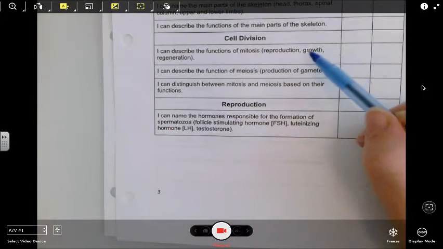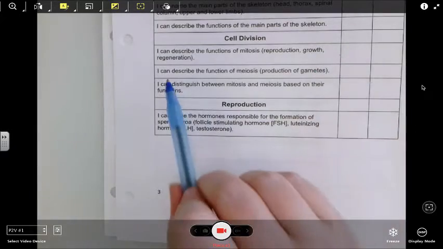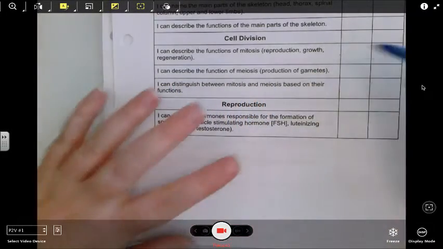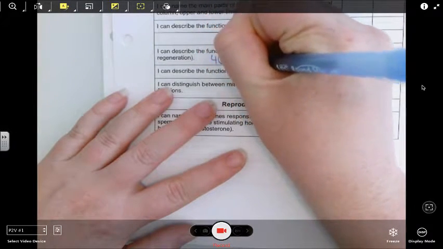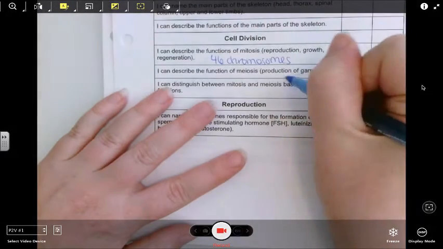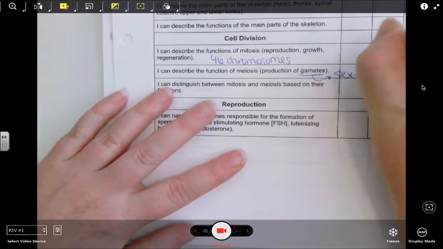By reproduction, that means reproducing the same kind of cells. Then I can describe the function of meiosis, so production of gametes. These ones have 46 chromosomes when they make the new cells. Production of gametes, these are your sex cells. So you need to know that word.